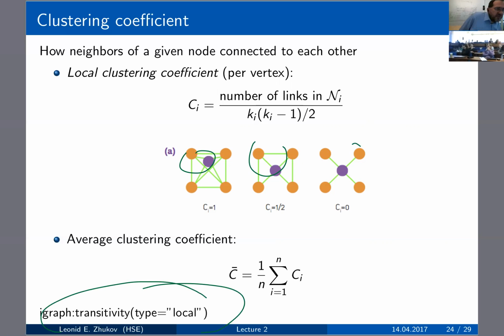As I mentioned in the previous lecture, network science is actually just becoming a science, and there are different people contributing to it, and sometimes, in an attempt to describe the same phenomenon, people use a little bit different definitions. So along with local clustering coefficient, there is a notion of global clustering.